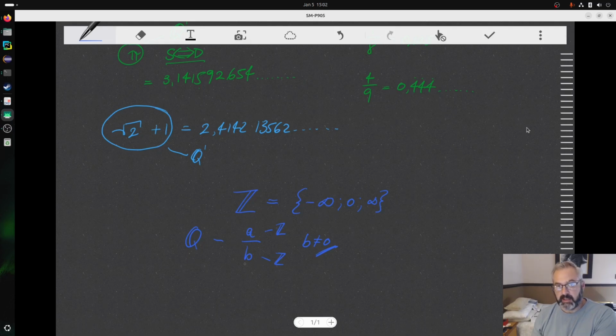An irrational number is a number that cannot be expressed as a ratio between 2 integers. Examples of that, which we looked at, are the square root of 2 and also pi. I hope it makes sense.